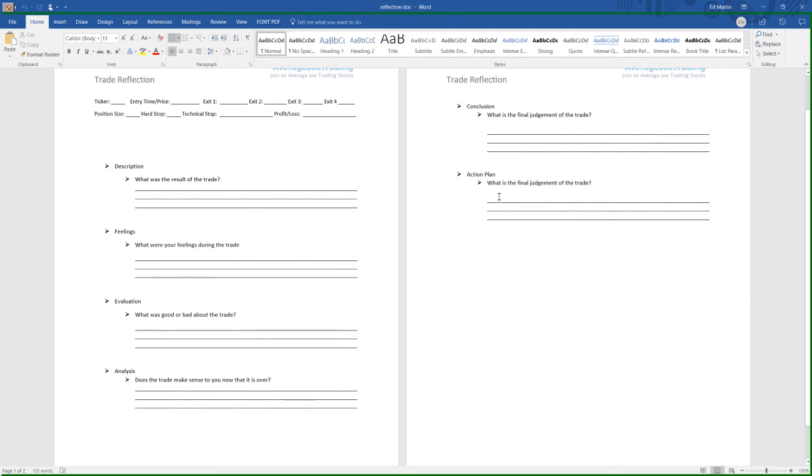The action plan is what I'm gonna do to fix it. What did I do that was good? What did I do that was bad? What am I gonna continue to do to help make the trade right? So I need to change that back.